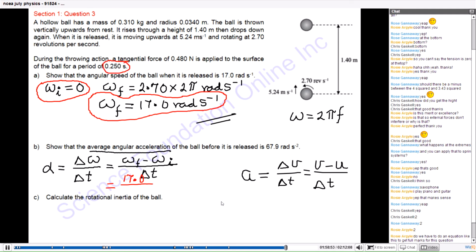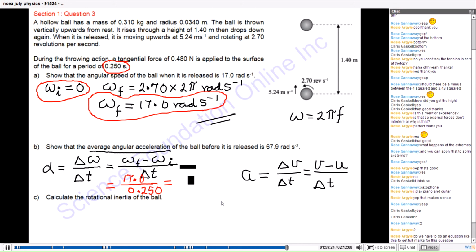So we divide it by that 0.250, and that gives us 4 times 17.0, which is 68. The reason being, we use 17.0 here. If on the other hand, we had actually kept our 2 pi times 2.7, you would have got this 67.9. Otherwise, we get 68 with this.